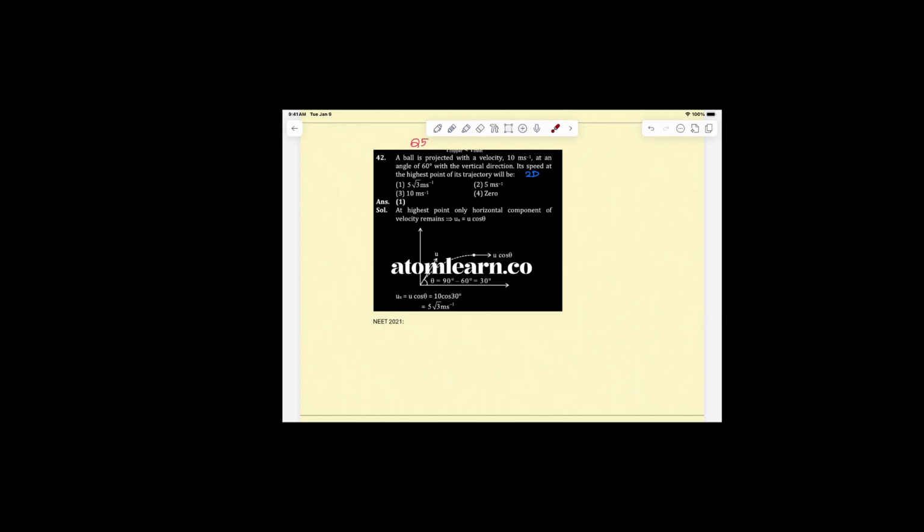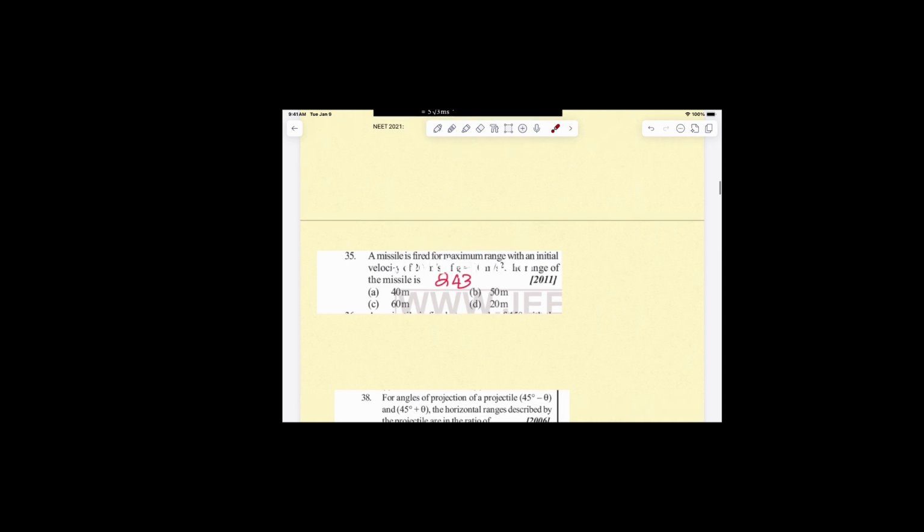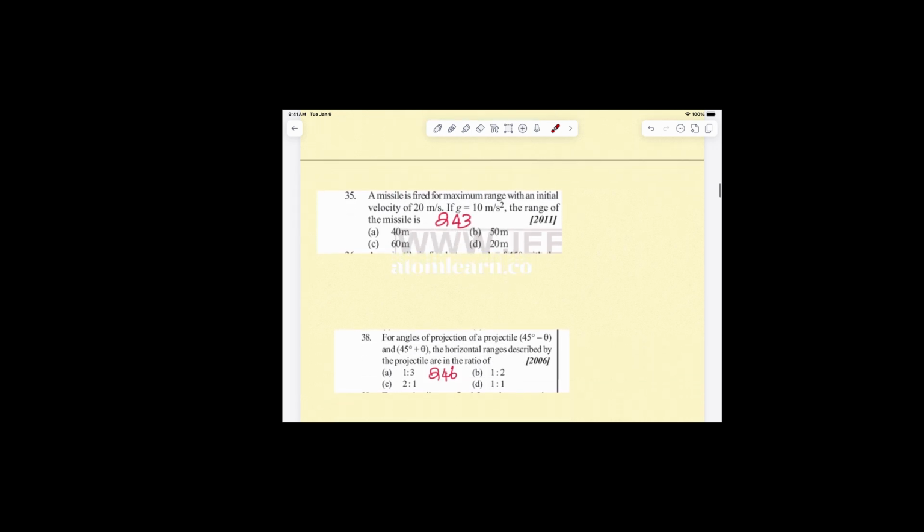Only when it is thrown vertically upward, then at the highest point its velocity will be equal to 0. For an oblique projectile at an angle theta less than 90 degrees, it will take a curved path like this. At the highest point, it will still have the horizontal velocity component, which is u cos theta. You must remember this again and again so as not to make a simple beginner's mistake. Okay, go to the next one.